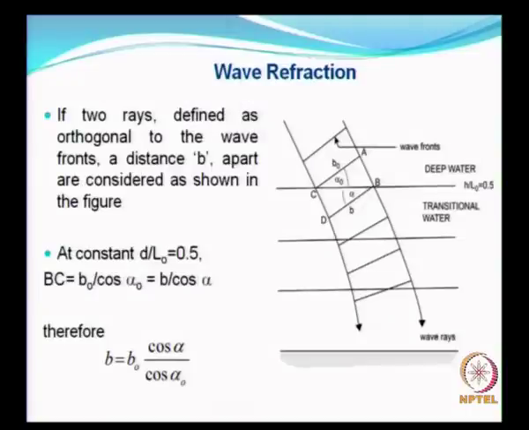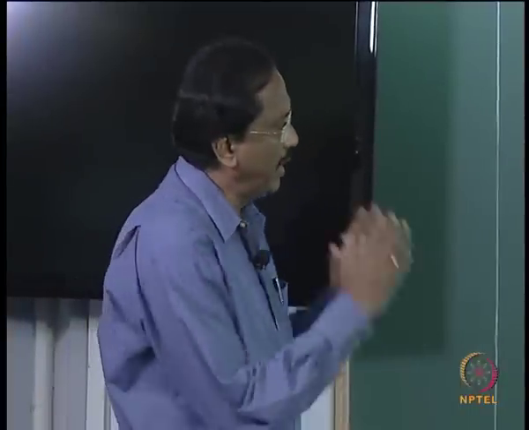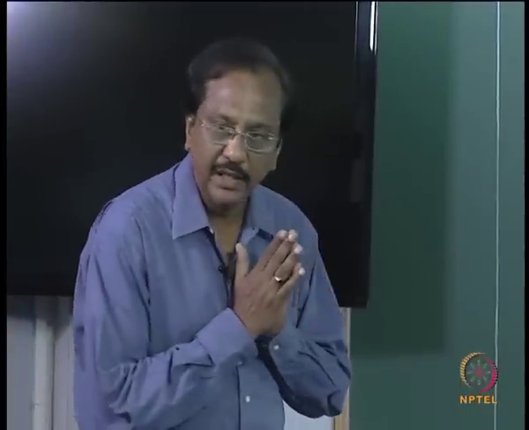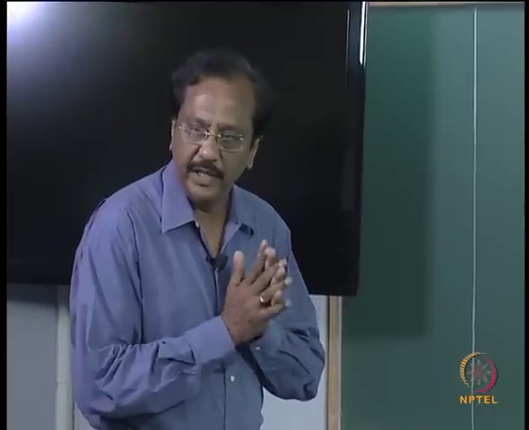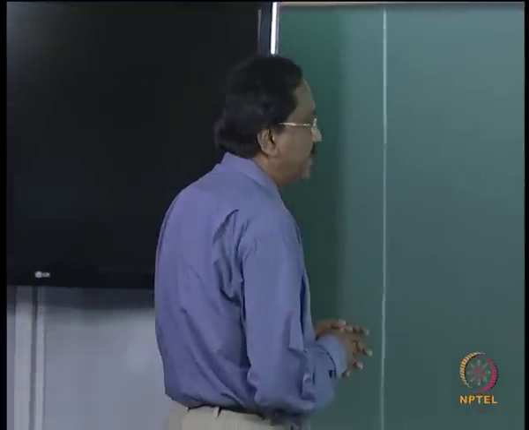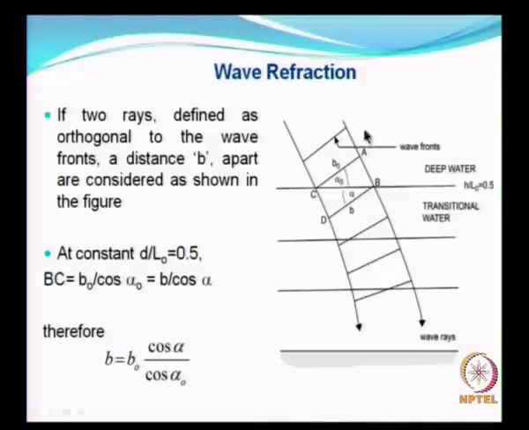This is what is represented here. I am taking a single wave direction, but two different points. I am taking a wave crest here, locating one point here and one point here, and trying to traverse how this wave will go. When I do that, that is what I get as the wave ray or the direction of the wave.